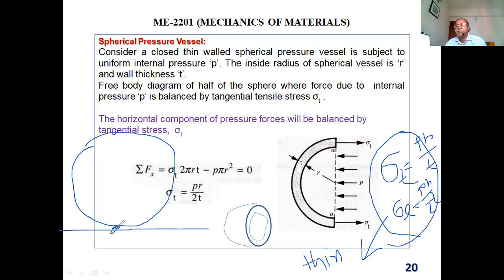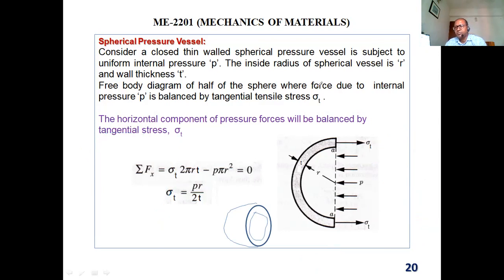It's very difficult to support, difficult to carry. I don't see that much, but in some special companies or the chemical industry, they might use a spherical pressure vessel. Now, you need to know how stress develops in the spherical pressure vessel.